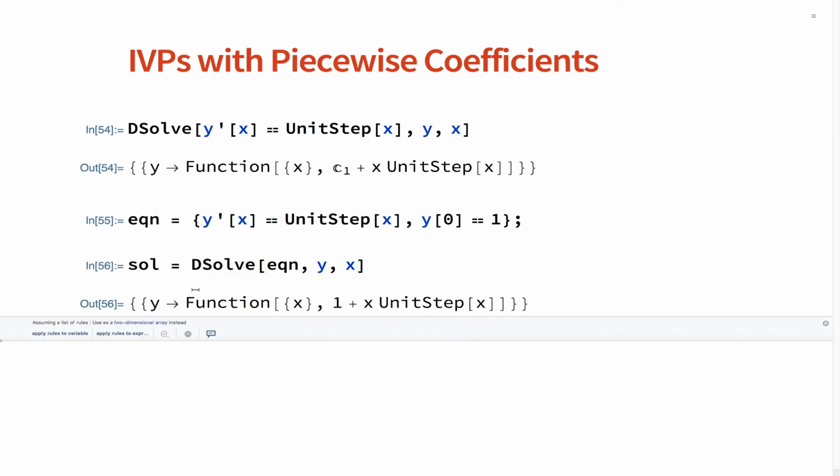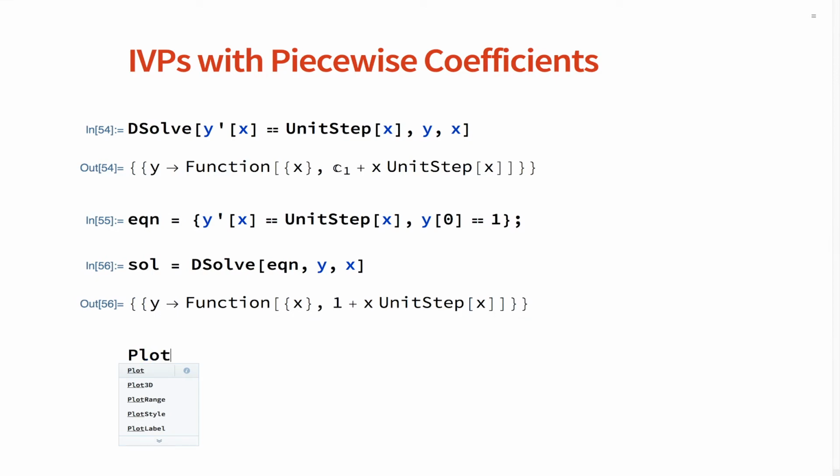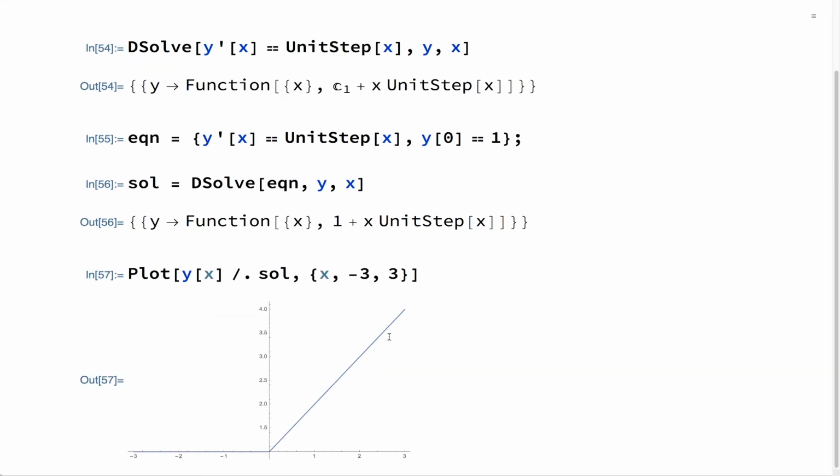So we'll have the solution at an initial value condition, and then we can have a plot of y of x, where we replace it with the solution, and we need to give the range. Normally I'm using -3 and 2, or maybe 3 in this case. Let's see.